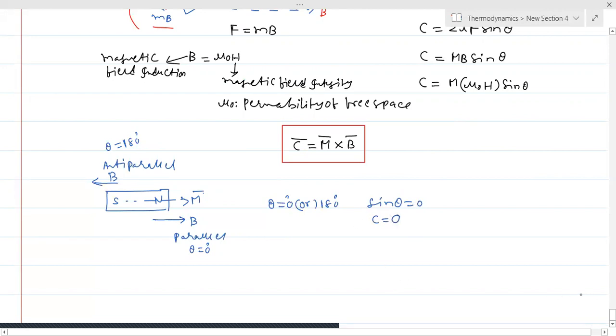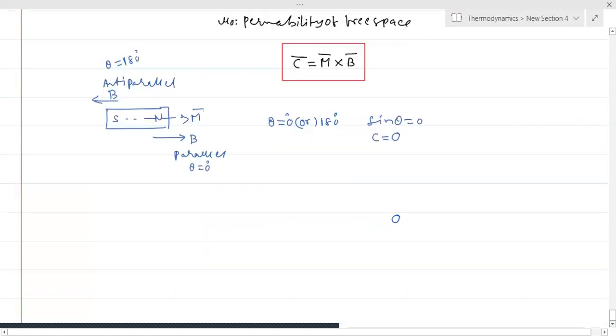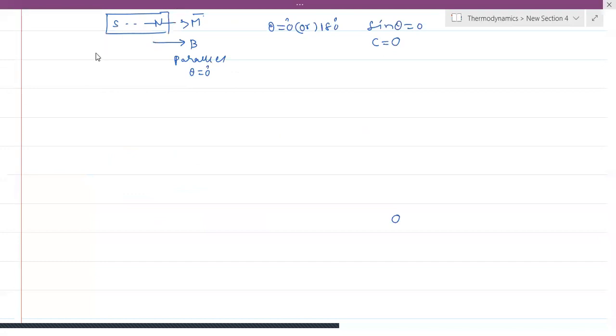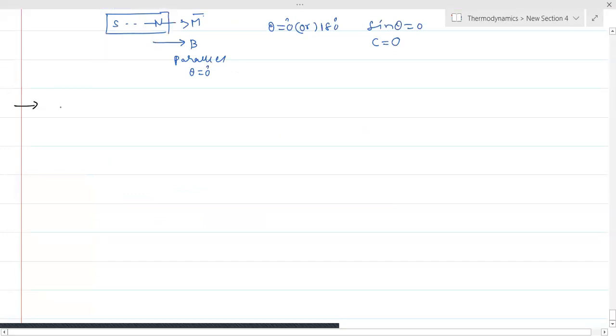These are the applications of the couple acting on a bar magnet. We have some important discussions below this. This is very, very important.